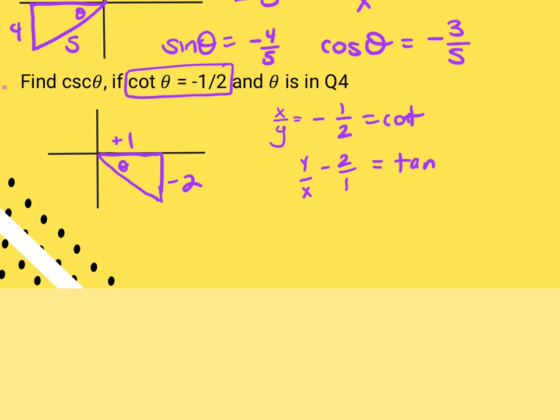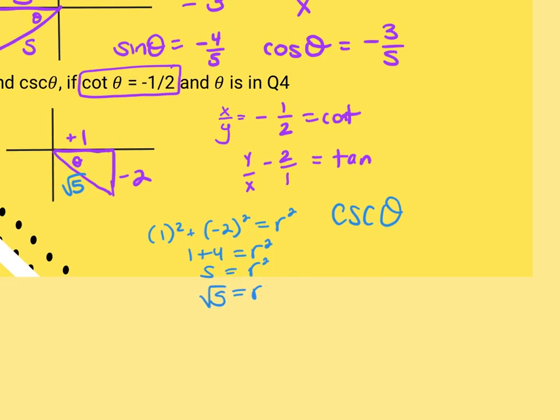There's no triple with 1, 2, and something, which means I have to do 1 squared plus negative 2 squared equals the radius squared. 1 plus 4. R squared equals 5, and r would equal the square root of 5. Technically, it's plus and minus square root of 5, but remember, radius is always positive. So what's the cosecant here?